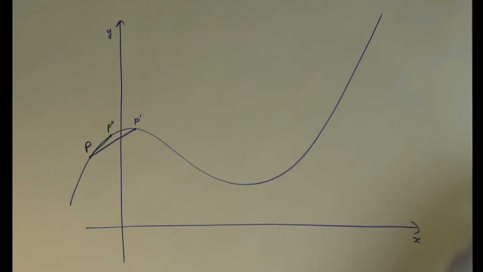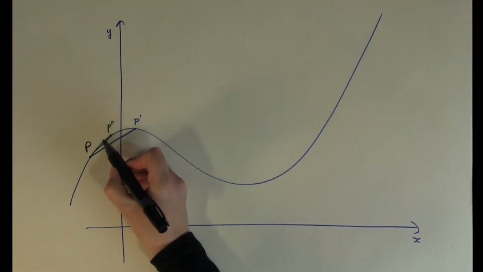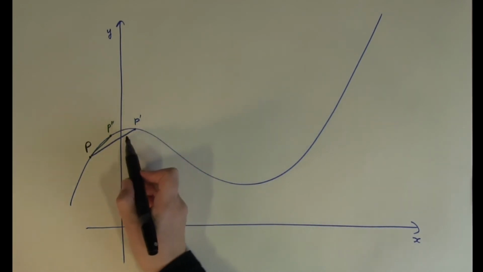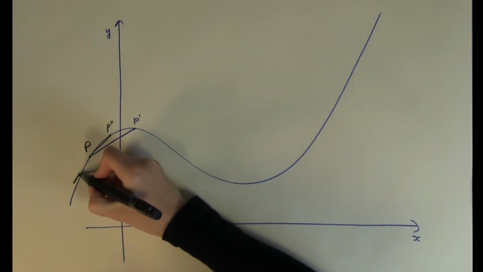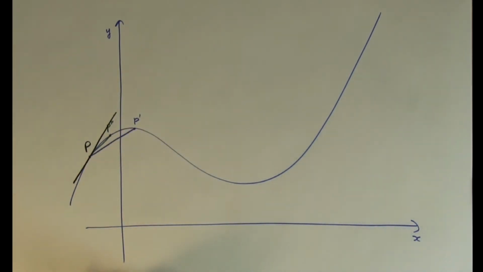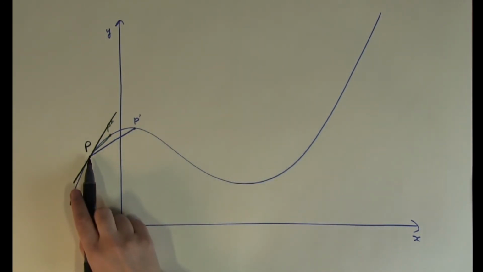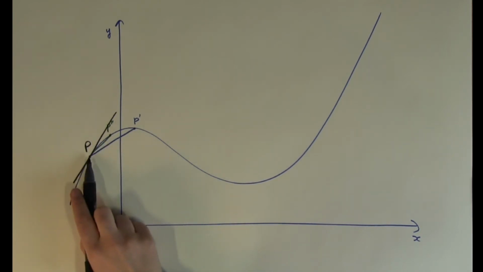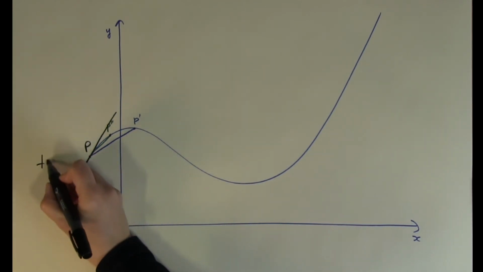But I can take it to the extreme. I can bring that P prime as close to P as it's literally the same point. But what happens to that line there? Now that line that is a chord at the moment will become the tangent. And for every point on any curve, I only have one tangent. I can have many different chords depending on which other points I'm choosing, but I can only have one tangent.